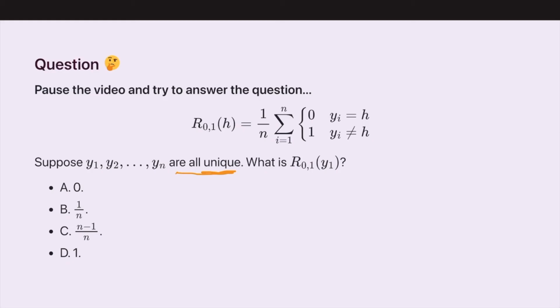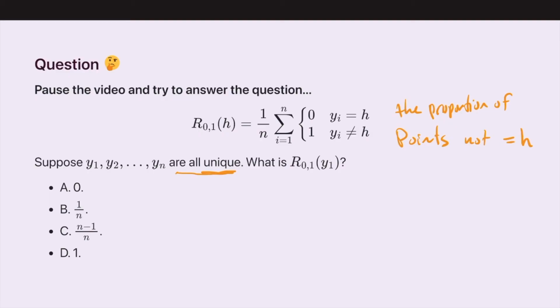So what the 0,1 loss function is asking you when you're summing up these 0s and 1s and finding the average is really another way of saying the proportion of points not equal to h. So that's what 0,1 loss is trying to identify.